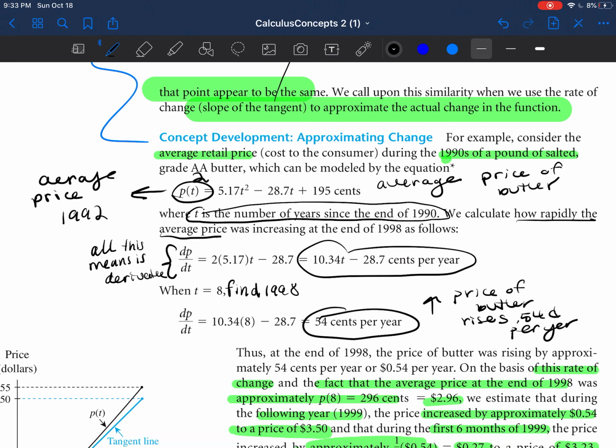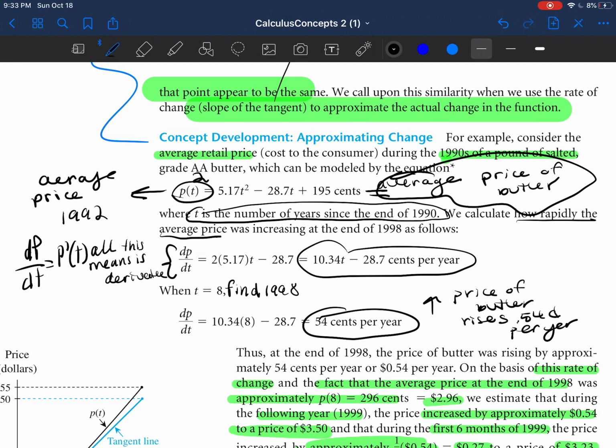You would plug 2 in, do your calculations, and you will find the average price of butter. Now you want to find the derivative. By the way, dp over dt is the derivative, which is just equal to p prime.